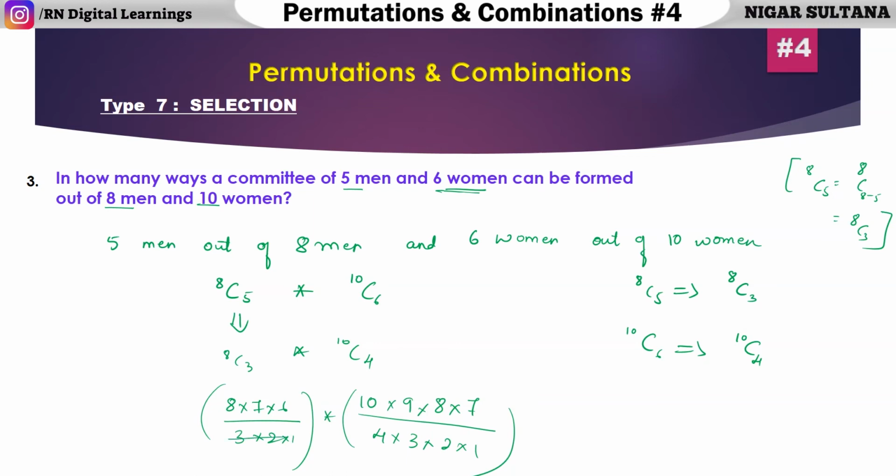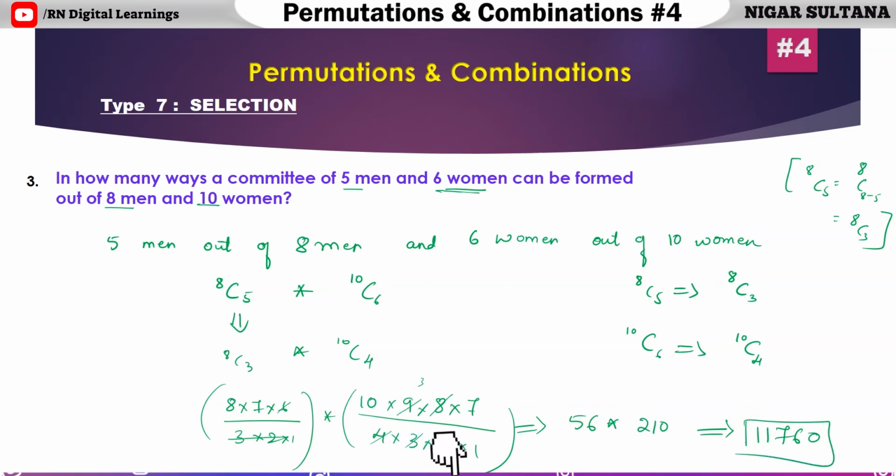And this gets cancelled. Again 2 into 4 will get cancelled with 8, and 3 will get cancelled with 9, right? And this will give us 56 into 210. The final answer is 11760.